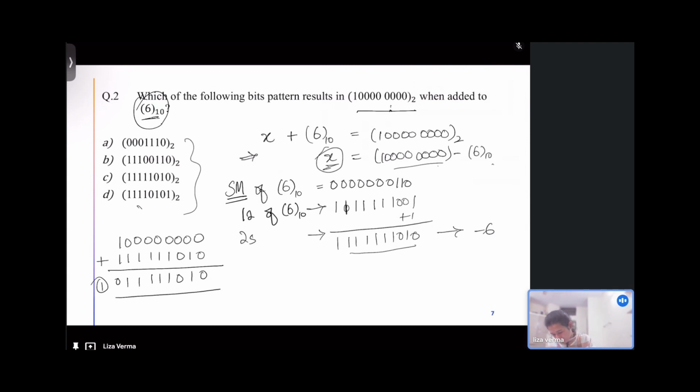So which one of the options matches? No one.